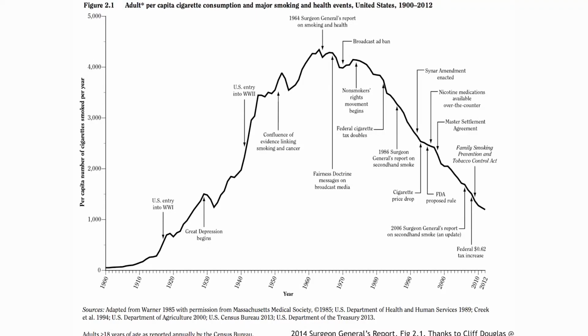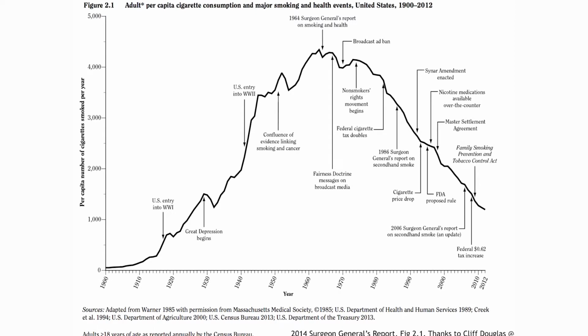Now this is tobacco consumption, this isn't obesity, but it's a pretty standard representation of the shape of an epidemic. This is what epidemics generally look like. And I think what's instructive here is that there's no one event, there's no one thing that led to cigarette consumption levelling off, and there's no one thing that got it to turn the corner and start to decline.